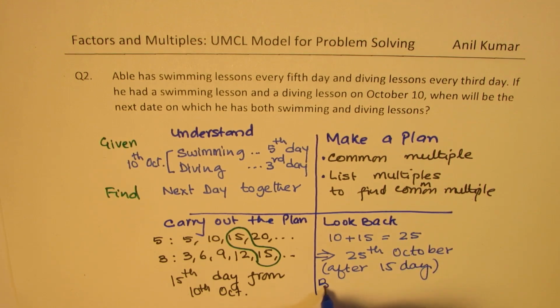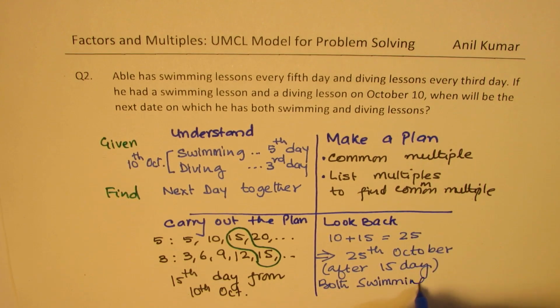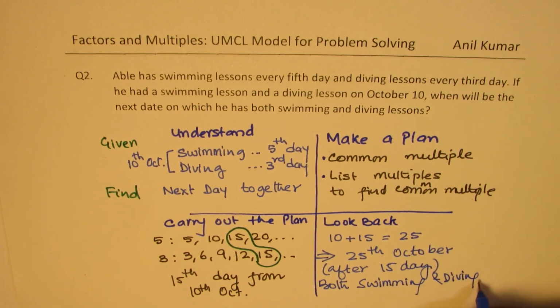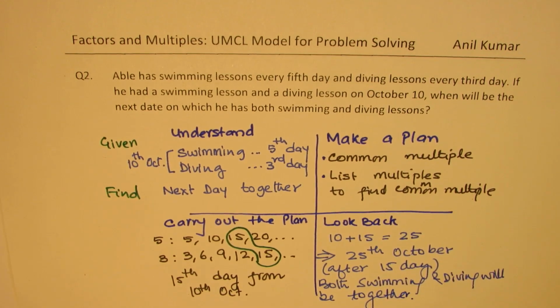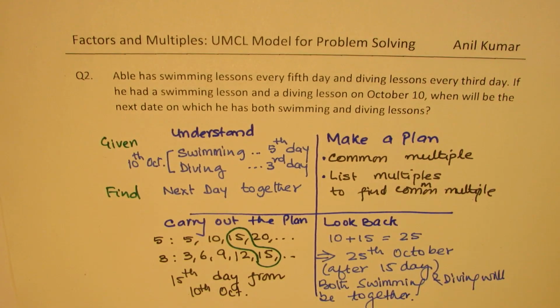So both swimming and diving will be together, right? Does that make sense to you? So that is how, using this strategy of the UMCL model, we can actually solve such questions. So I hope that is absolutely clear.